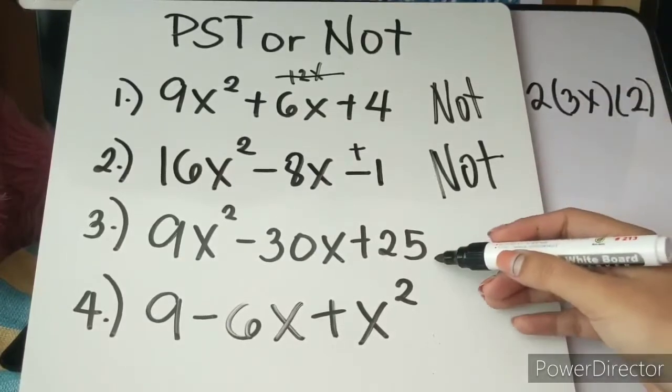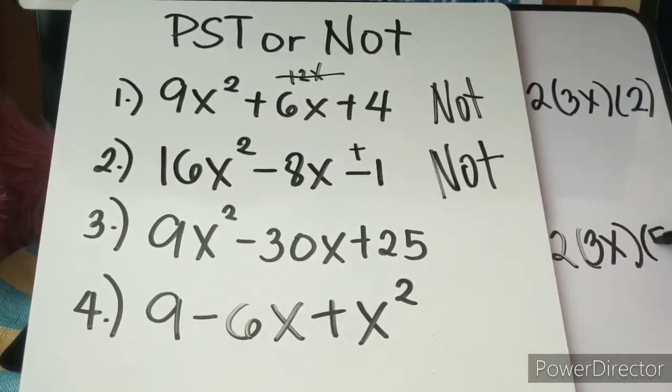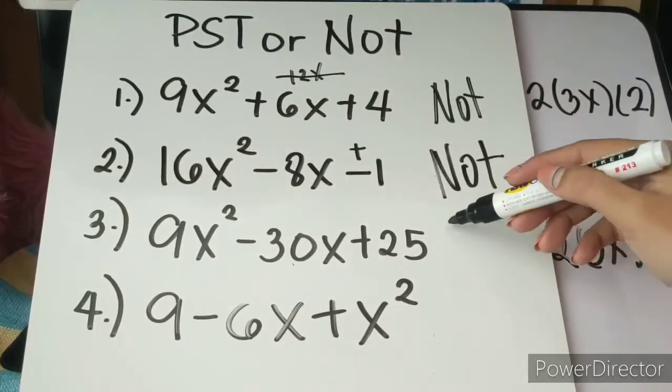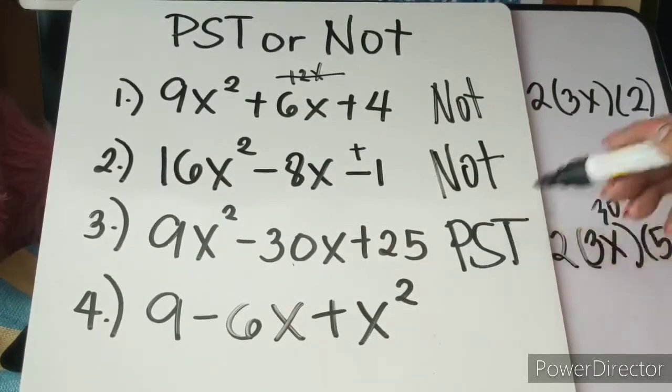Ang square root naman ng 25 is 5 kasi 5 times 5. And then 2 times 3 is 6 times 5 is 30. So, 30x. Ma'am, negative po. Again, like I told you, it doesn't matter na negative or positive yung second term natin. So, dahil nakuha natin yung middle, this is a perfect square trinomial.